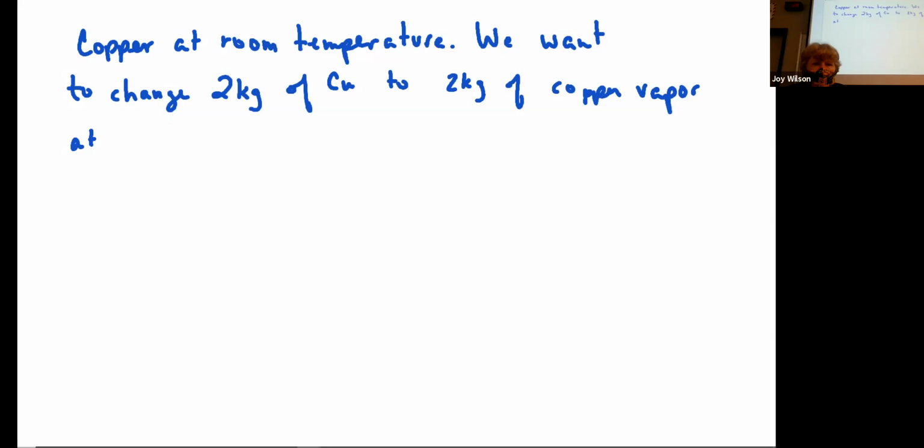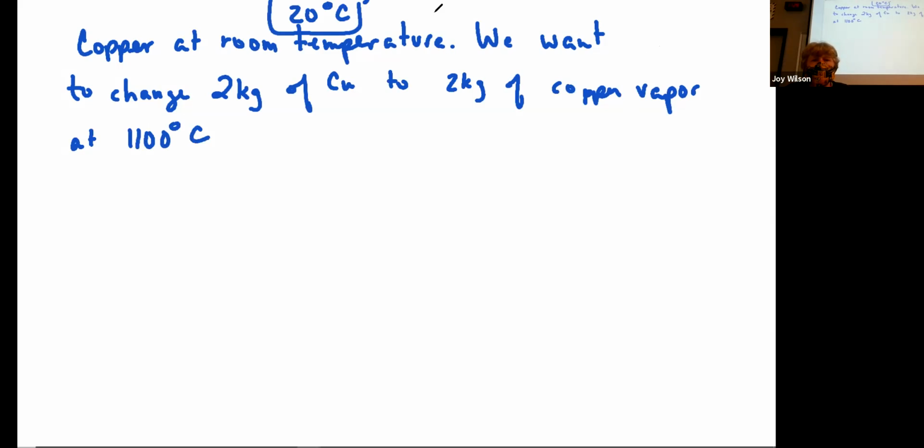I'm going to fix that number. I'm hoping that number is big enough. Okay, so room temperature, when AP says room temperature, they mean 20 degrees Celsius. Okay. So this one is not going to have molten copper, we have solid copper.